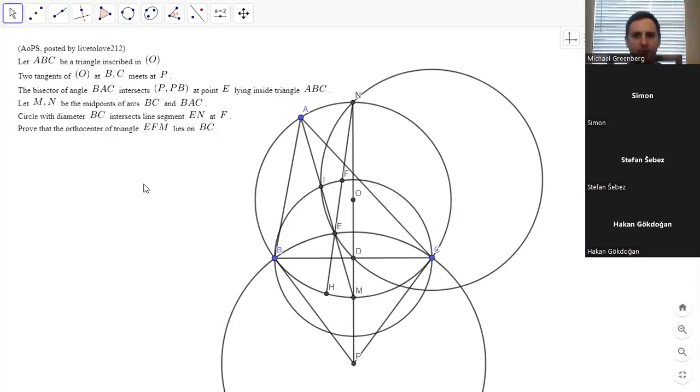I'm still trying to do the power ratio lemma. Let's see. What if instead, I just don't want to extend this stuff to have to meet this circle, but maybe that is what I should do.